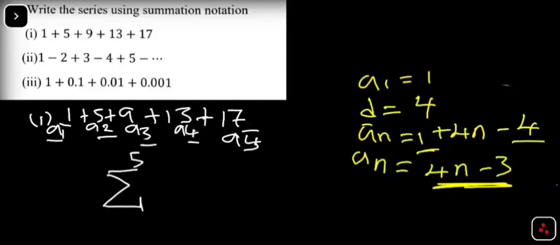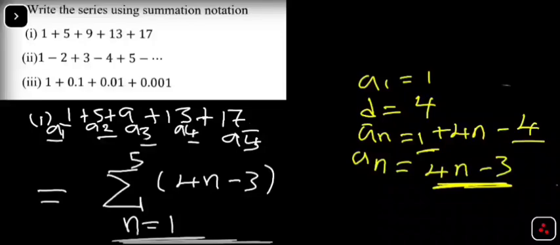We have 5. Our first term is equal to 1, so n will be equal to 1. Then you just write the general term, which is 4n minus 3. So that's your answer.